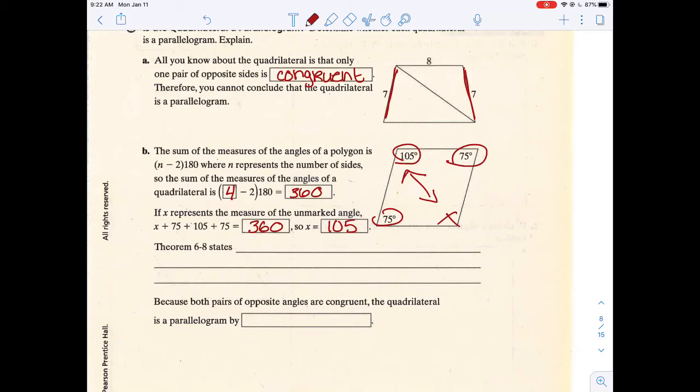And theorem 6.8 says if both pairs of opposite angles are congruent, which we have, right? 105 and 105, and then we've got 75 and 75.